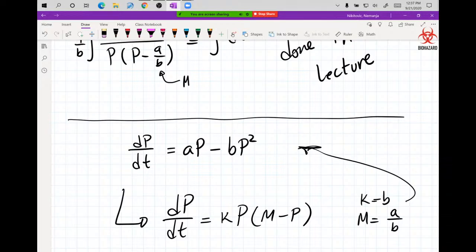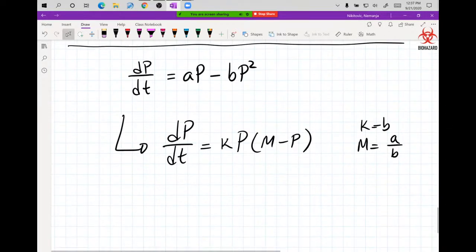So you can verify that these two equations are the same equation.